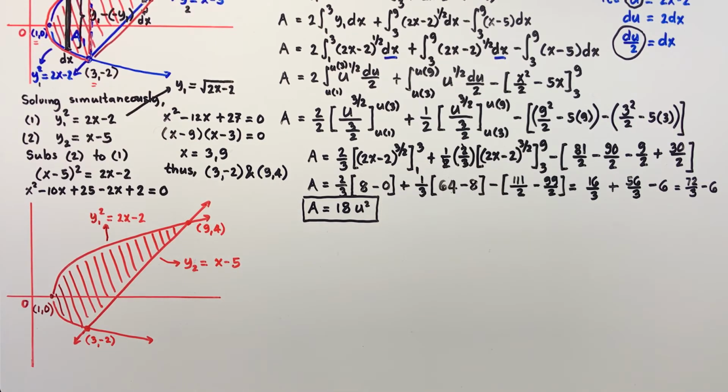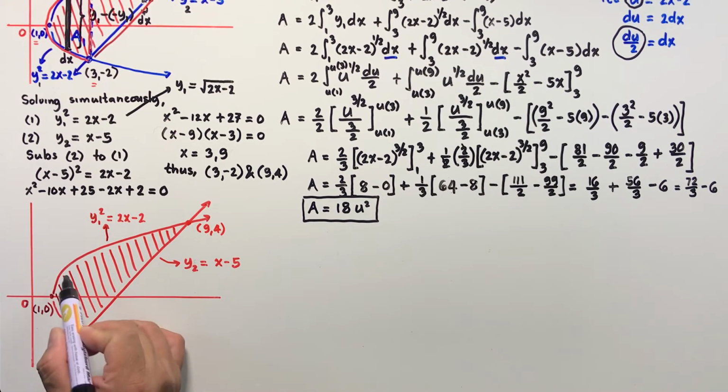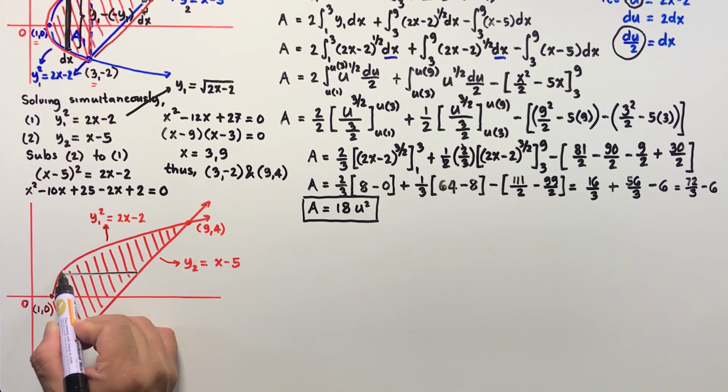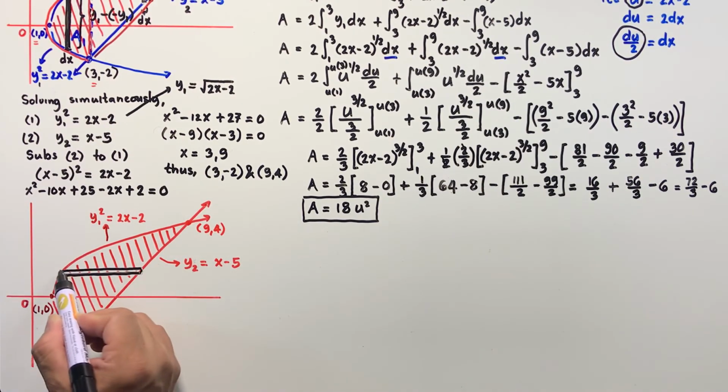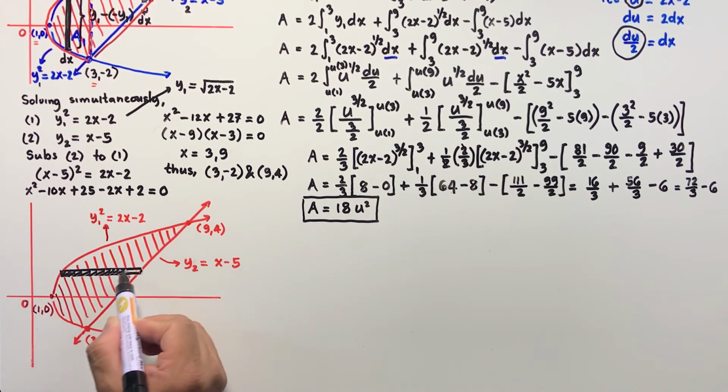But at this time, instead of slicing it vertically, we will slice it horizontally. Why? Because this region is a region of type 2. Why? Because when you slice it horizontally, all the slices are having the same boundaries here.